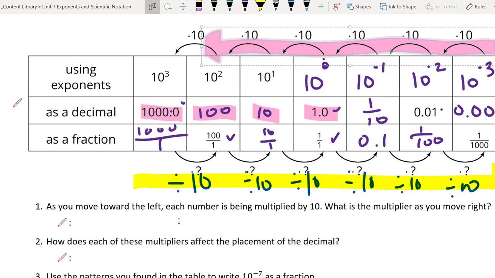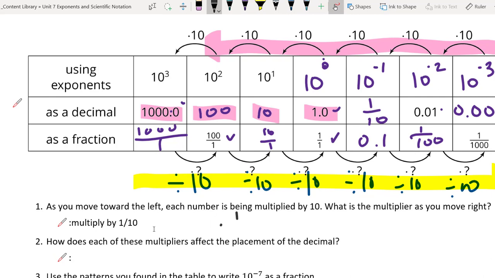So they want us to not divide by 10. They're wanting us to say we multiply by what? What's the inverse of dividing by 10? Multiply by the fraction 1/10. So multiply by 1/10.